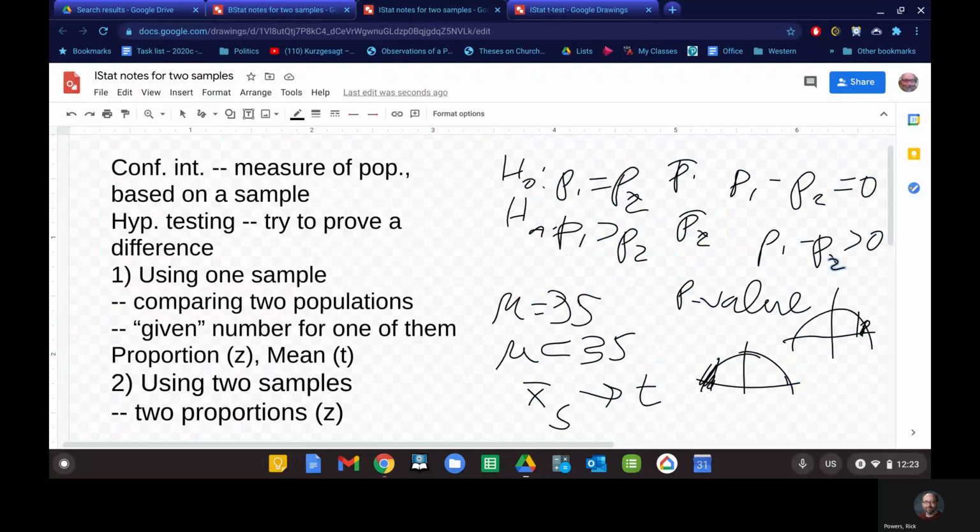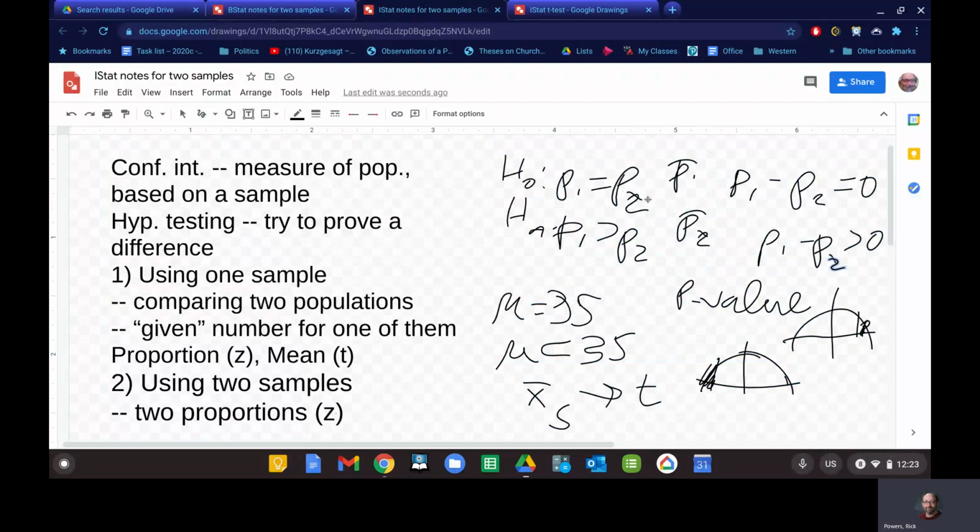All right, so backing up here, what's happening this week is that instead of using one proportion in relation to a given number, we could also have the mean in relation to a given number like this. And then we can also do hypothesis testing with two samples that represent two populations.